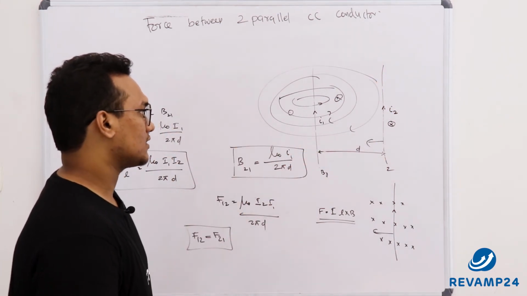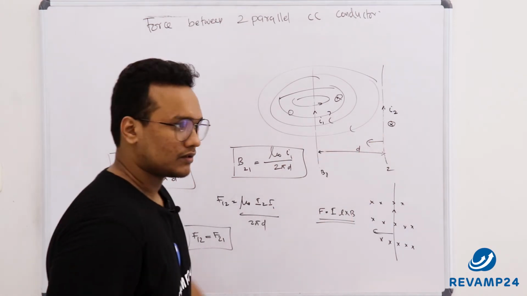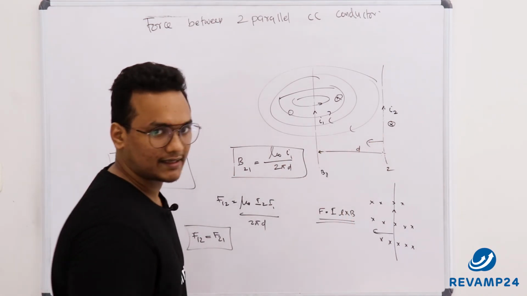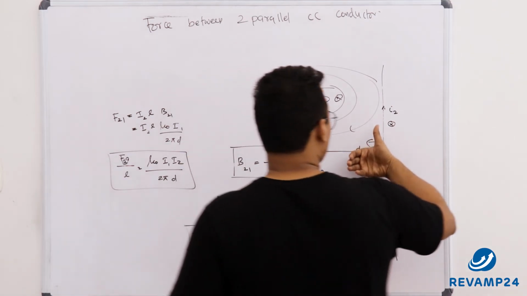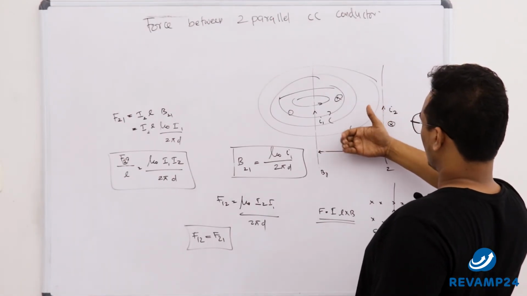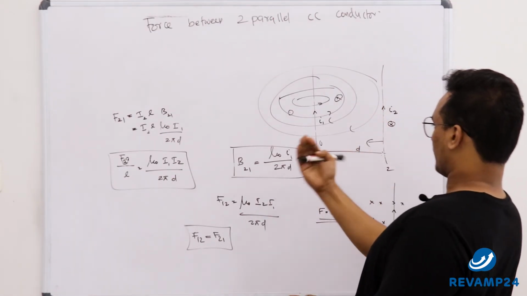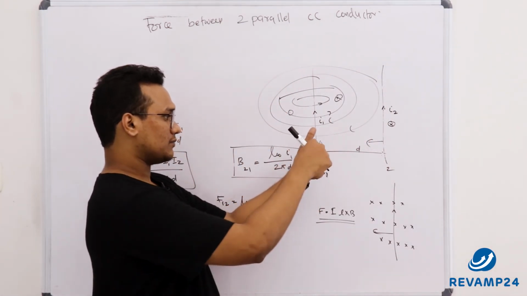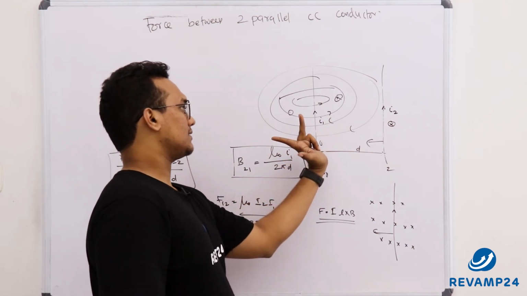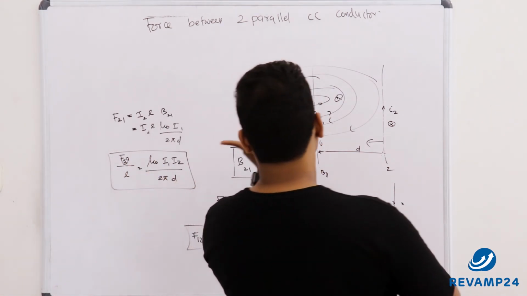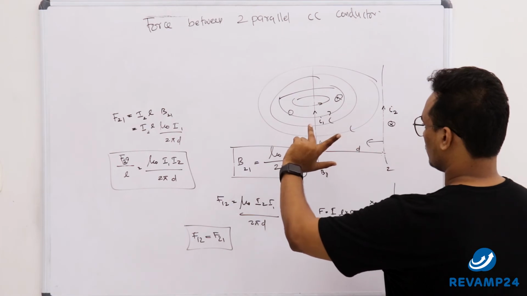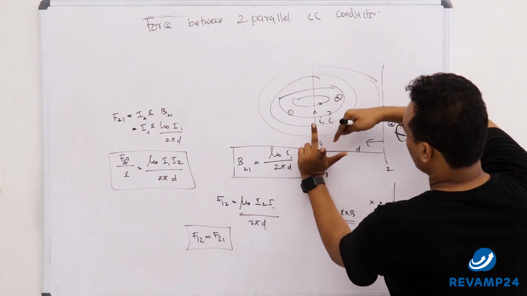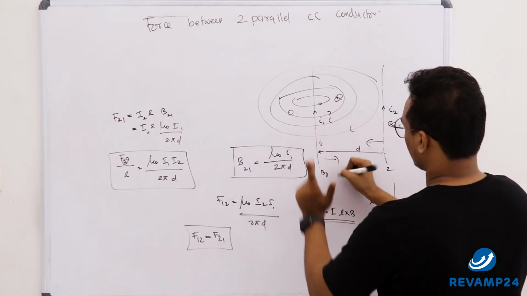Now what is the direction of force? It is inward here. Now with respect to this, we will see the direction of force. By the right hand thumb rule, current carrying conductor I2 will create a magnetic field coming out of the plane, towards me. Now what is the direction of force? This is the magnetic field, current is in this direction, so the force is in this direction.